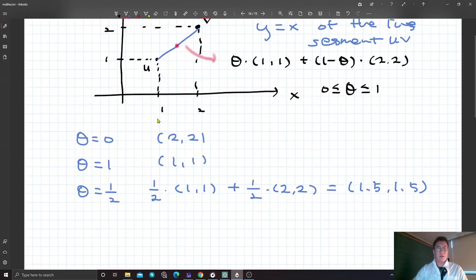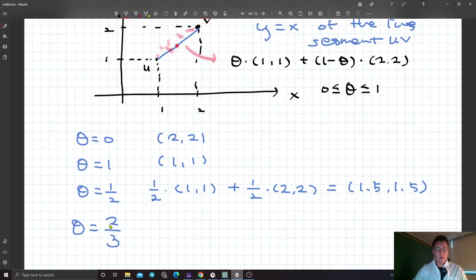Say, if you're interested in the point dividing this line segment in the ratio of 1 to 2, then think about theta as 2/3.